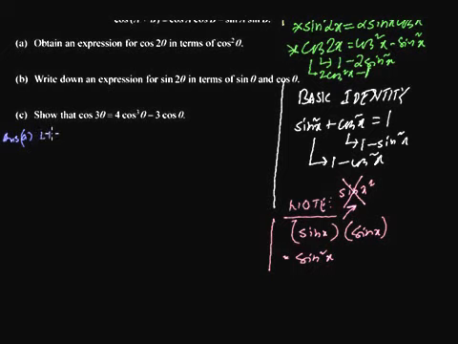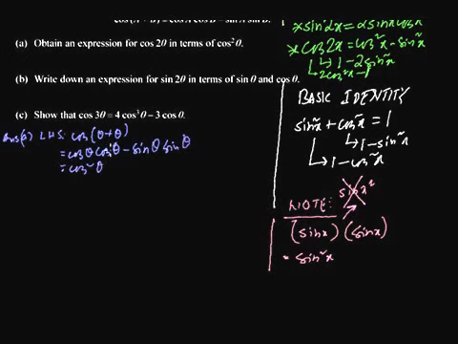So we will start with left hand side, which is cos 2 theta, meaning cos theta plus theta, and we know the identity, it is cos minus sine. So we will write cos theta minus sine theta, and again we can write from here cos square theta.